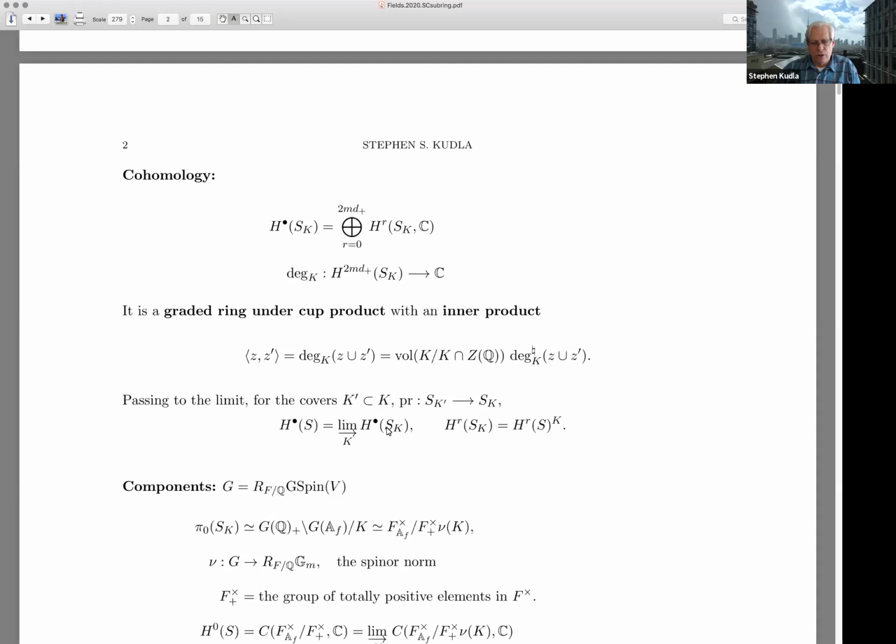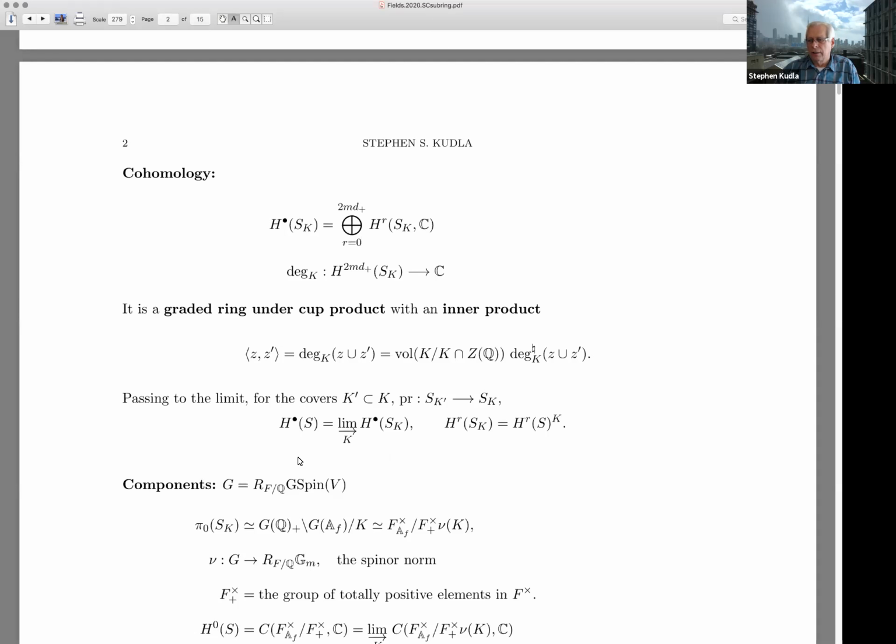The K-invariants are exactly recovering the S_K and so on at a finite level. But the important point about this normalization of degree is that on the top degree in here, this degree map is well defined. This volume thing exactly makes it a well-defined map on the top degree here. Okay, so that's why the normalization.